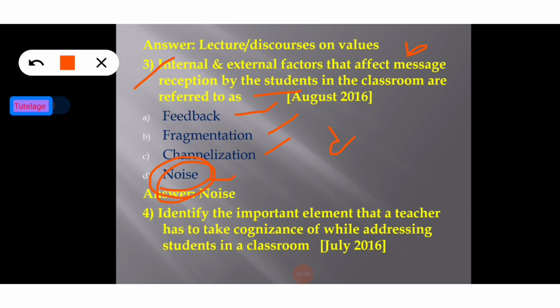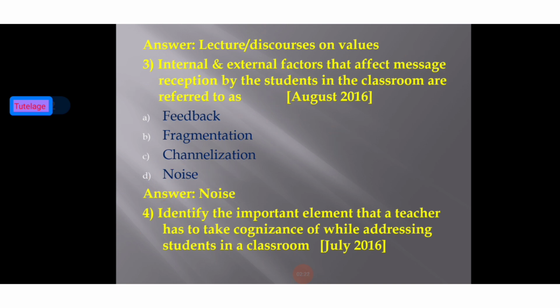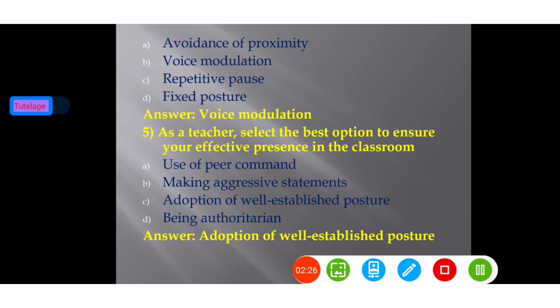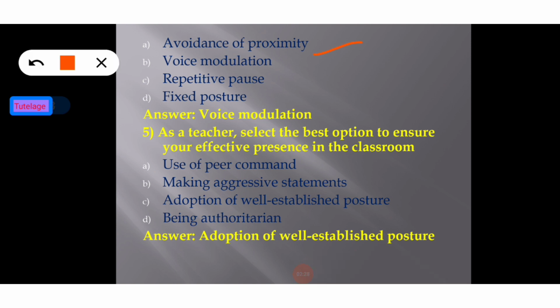Now going to the fourth question. Identify the important element that a teacher has to take cognizance of while addressing students in a classroom. Moving on to the next slide, here we can see there are four options. The first option, avoidance of proximity. Second option, voice modulation. Third option, repetitive pause, and fourth option, fixed posture.